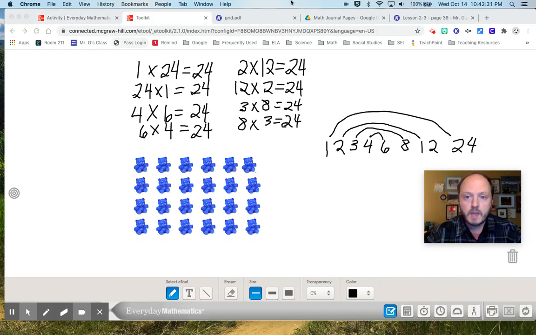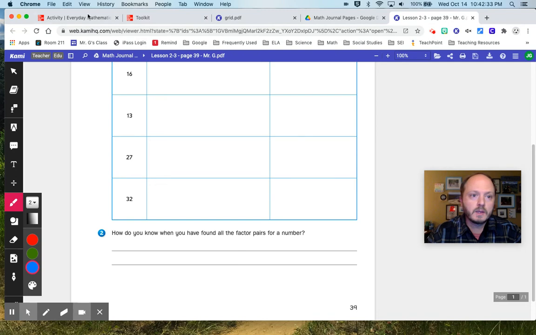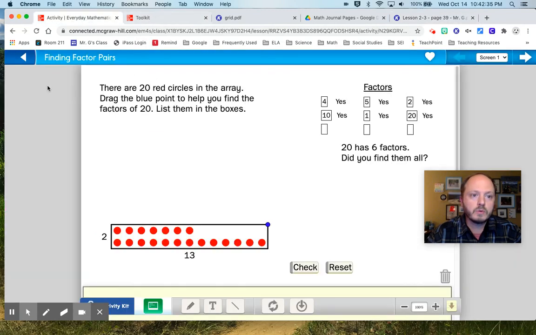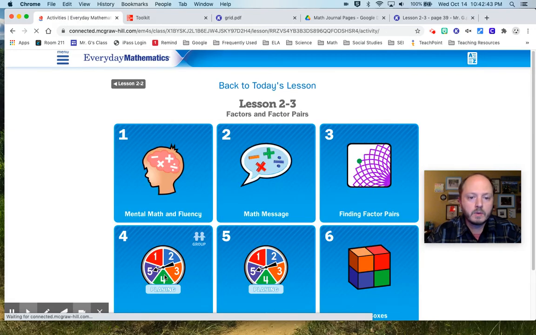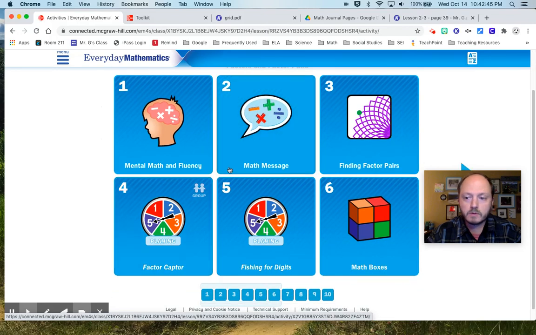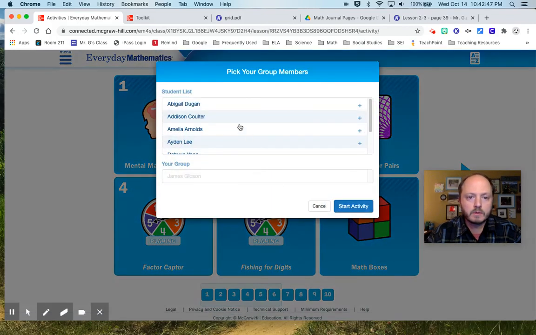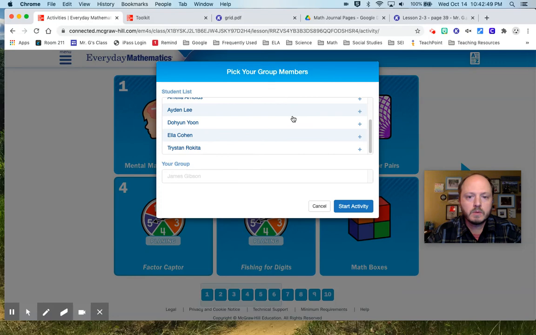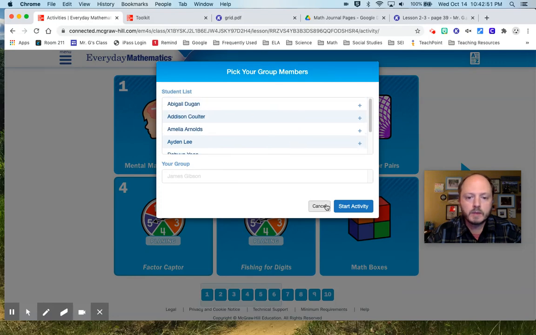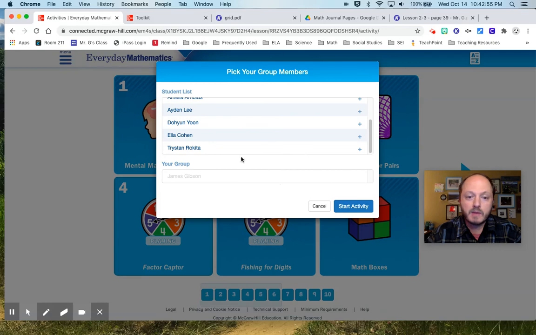And so when you're done with that page, I'd like you to take a little time to go to the Everyday Math, and I want you to play Factor Captor. Factor Captor is super fun. You can play as a group, and we can even try that.